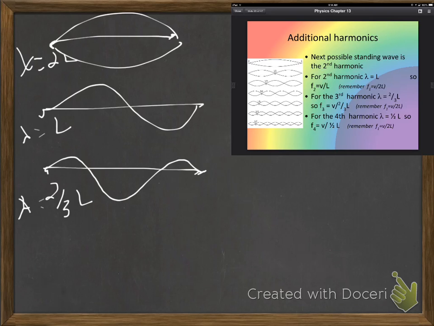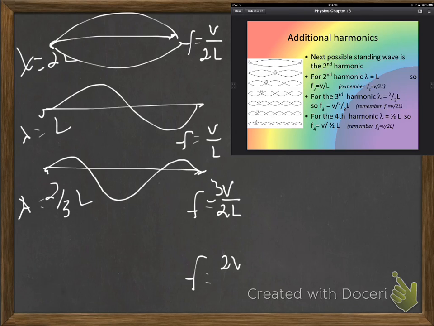So if we plug all those back in, for this one we already said frequency equals v over 2L. Well, here, frequency equals v over L. Well, here, frequency equals 3v over 2L. What would it be for the next one? 2v over L. Do you see any patterns yet?